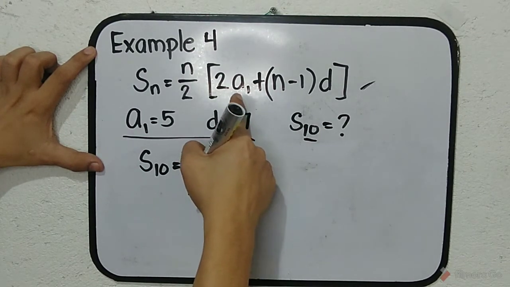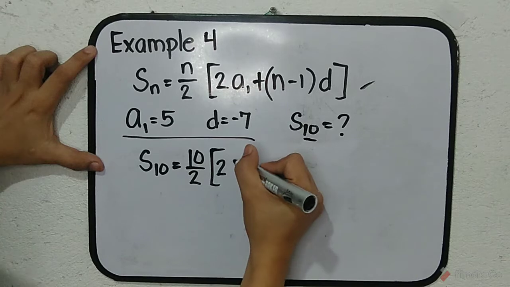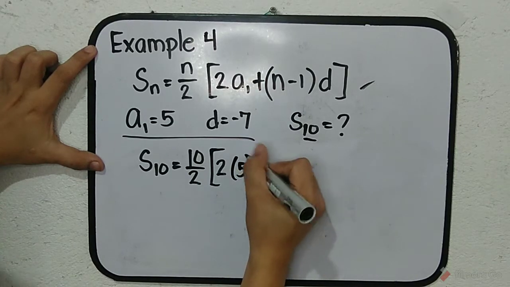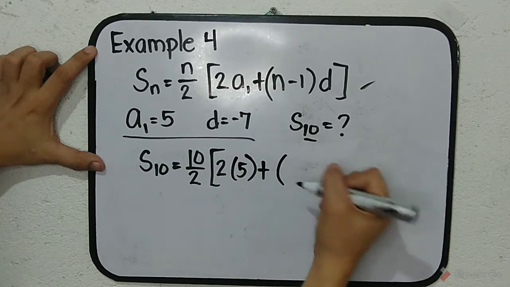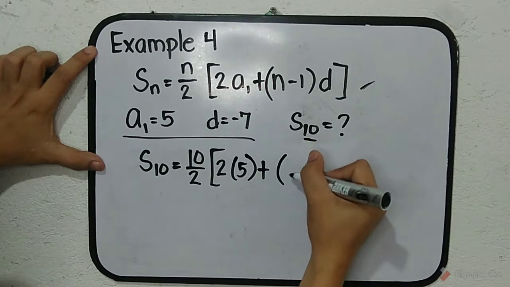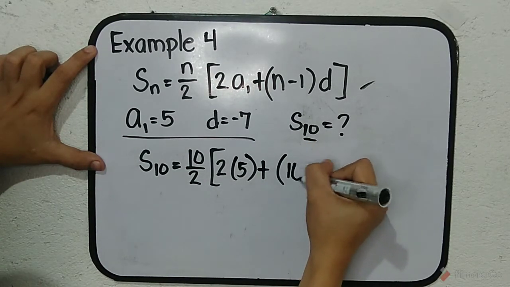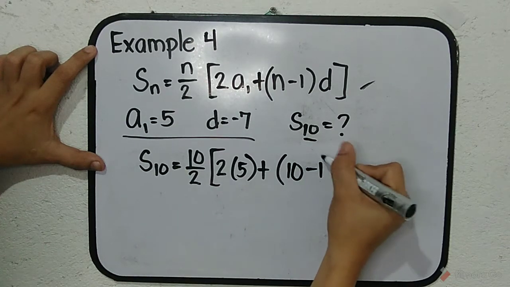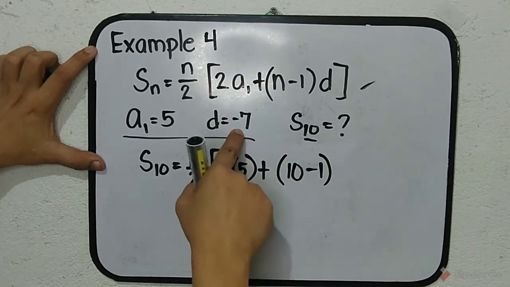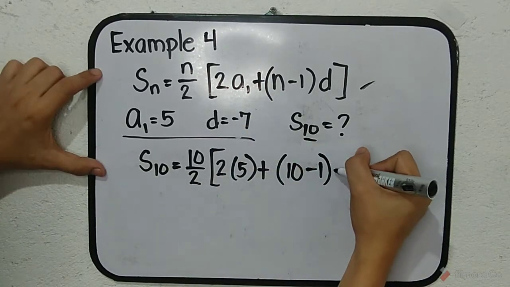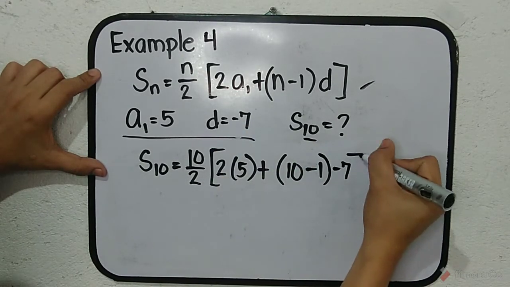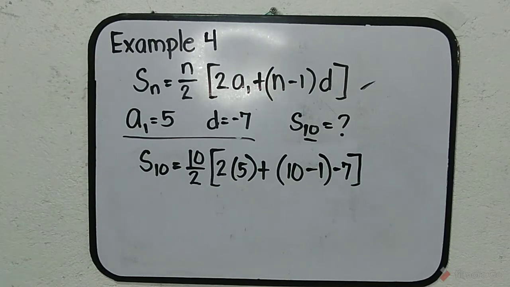Our a sub 1 is 5 plus, once again, our n is 10 minus 1 times common difference, which is negative 7. So, let's simplify these terms.